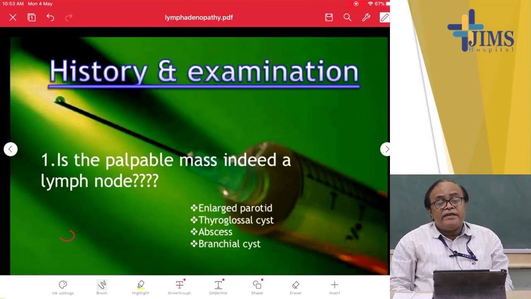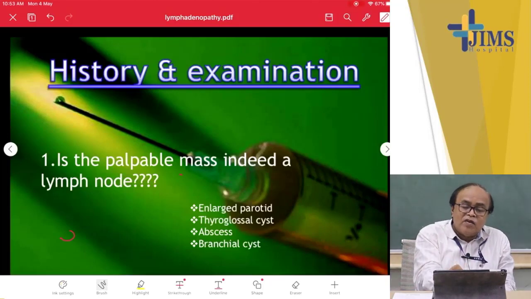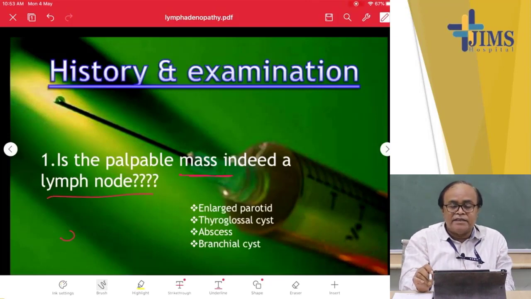Now, when one patient has come to you with history of lymph node enlargement, lymphadenopathy, you have to take history and examine properly. First, you determine whether this palpable mass is a lymph node or something else.